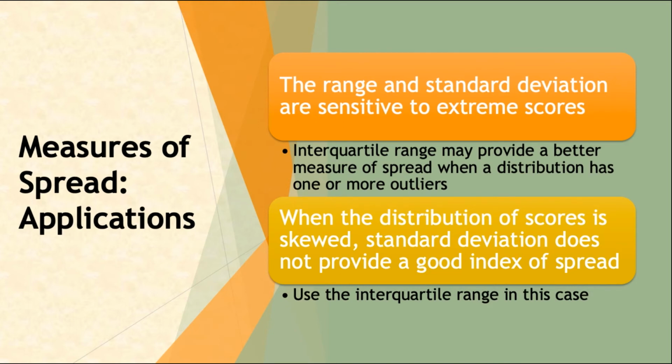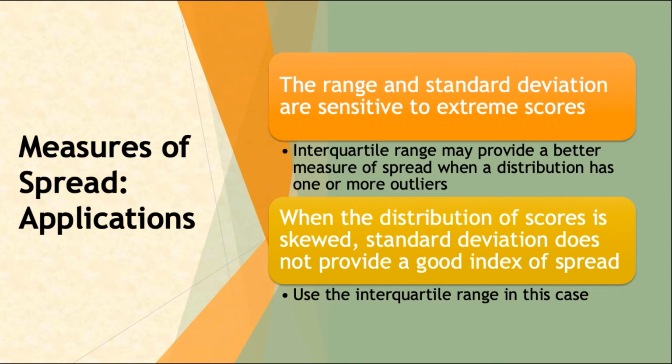In addition to noting the presence of outliers, you should note the shape of the distribution, normal or skewed, when selecting a measure of spread. Remember that the mean is not a representative measure of the center when your distribution of scores is skewed, and that the mean is used to calculate the standard deviation.